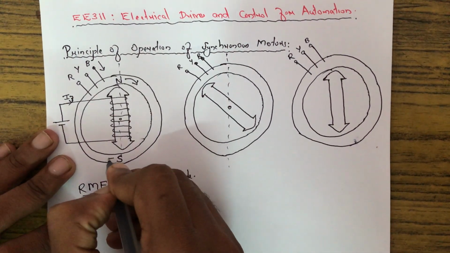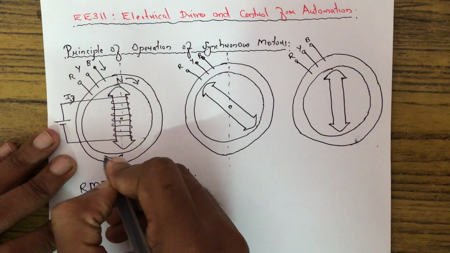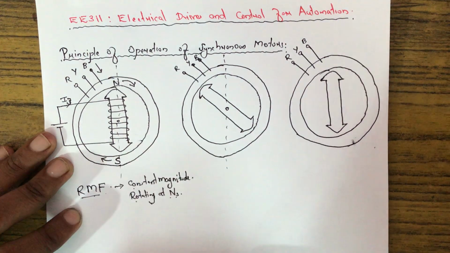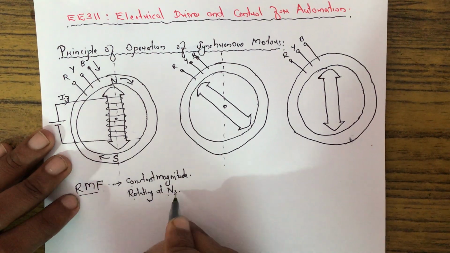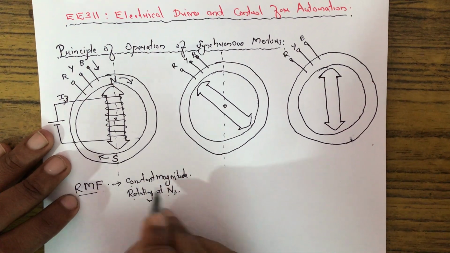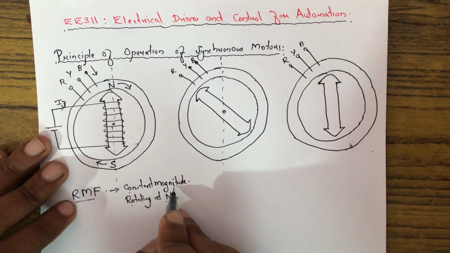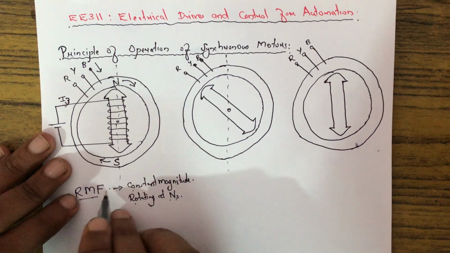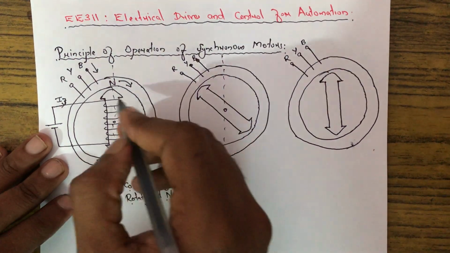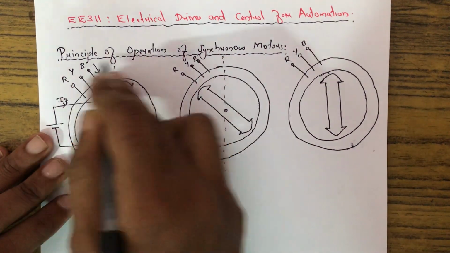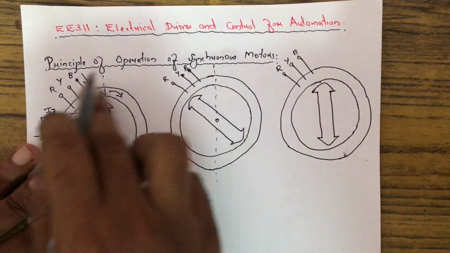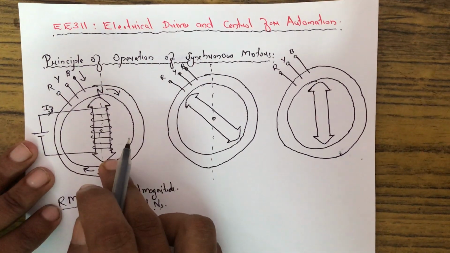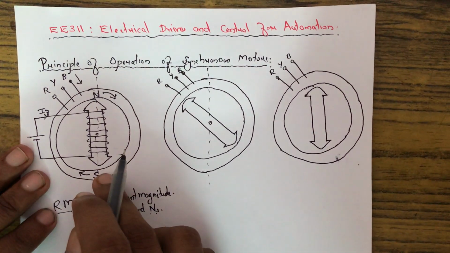These north pole and south pole will be rotating around the stator at synchronous speed, and the field magnitude will be constant. Okay, so the poles on the stator side will be running at synchronous speed.